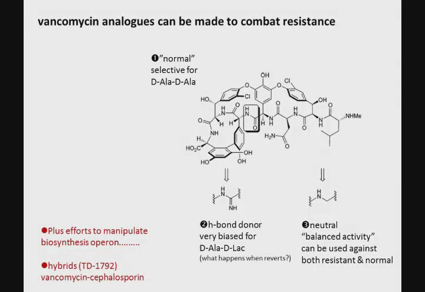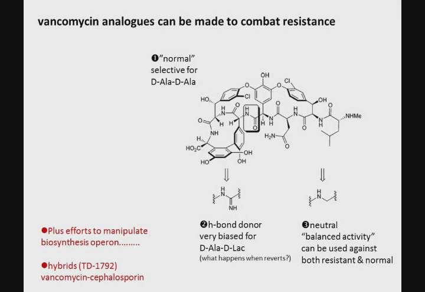But the sensible question is what's going to happen then when I add my switched vancomycin to resistant bacteria? What do you think is going to happen? They just make the normal wall, right? And it'll clash with that. So this is a very difficult thing to do.